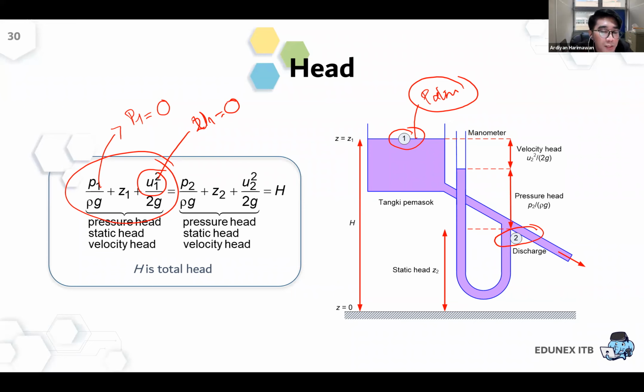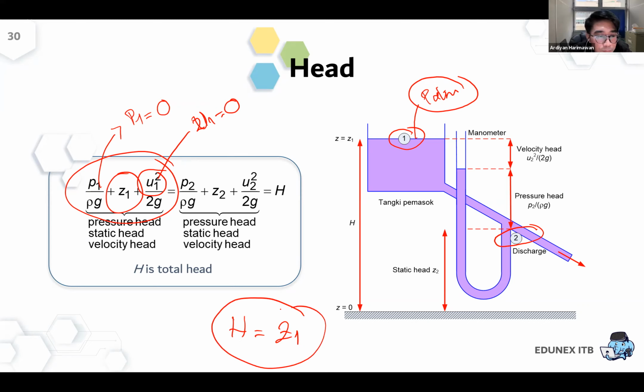Okay. So at point 1, the energy is only from the static energy, or we call it static head. So the head is only from Z1. Total head at point 1 is only from Z1. How about at point 2?